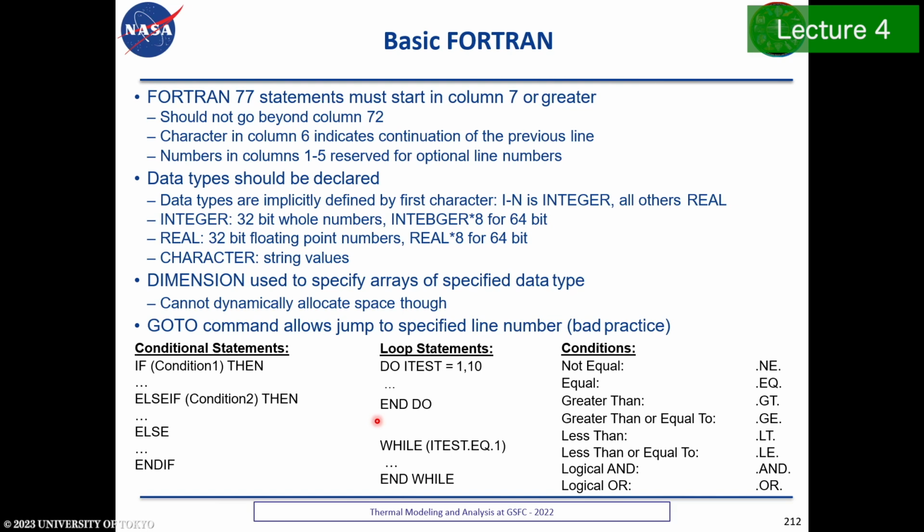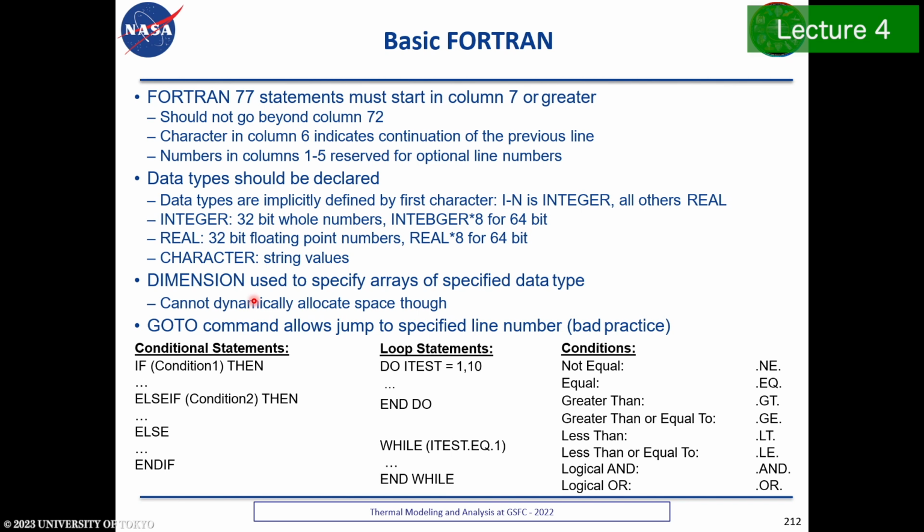Data types should be declared, so you tell it that it's an integer. If you do a *8, that makes it 64-bit, otherwise it'd be 32-bit by default. Real *8 for 64-bit. Characters would be string values. Dimension makes an array. You can't dynamically allocate space though, so you have to know how big your array needs to be if you're using an actual Fortran array.